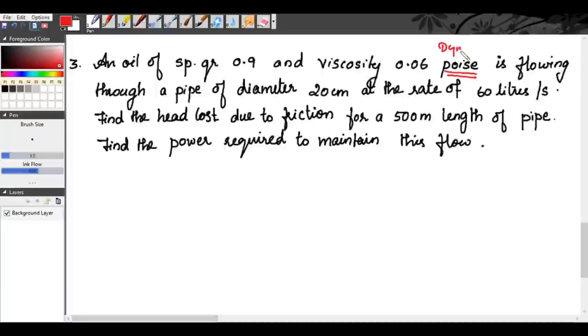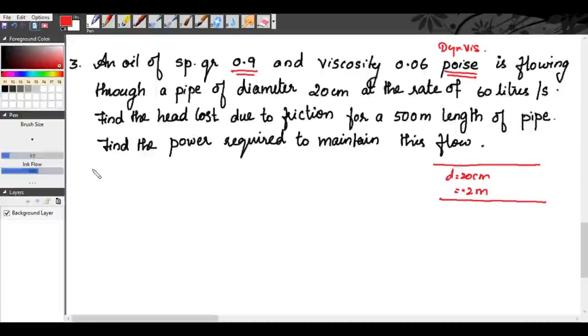Poise means dynamic viscosity; stoke means kinematic viscosity. So an oil of specific gravity 0.9 and viscosity 0.06 poise is flowing through a pipe of diameter 20 centimeter, which is nothing but 0.2 meter.